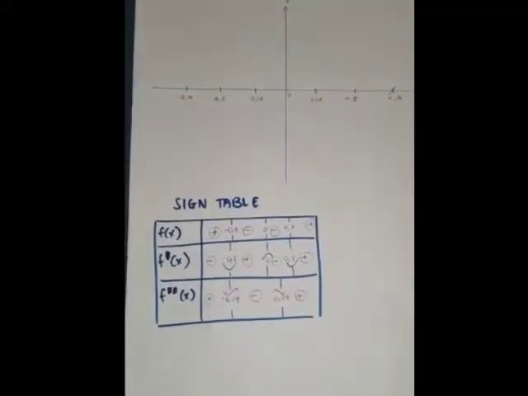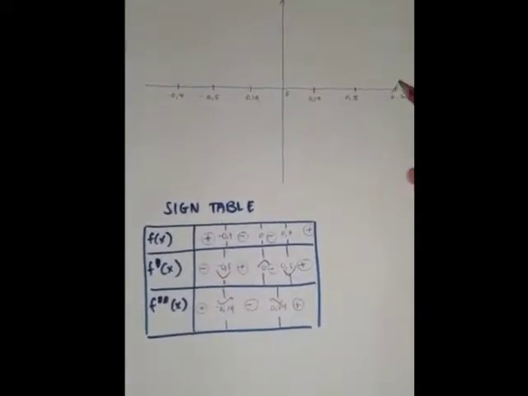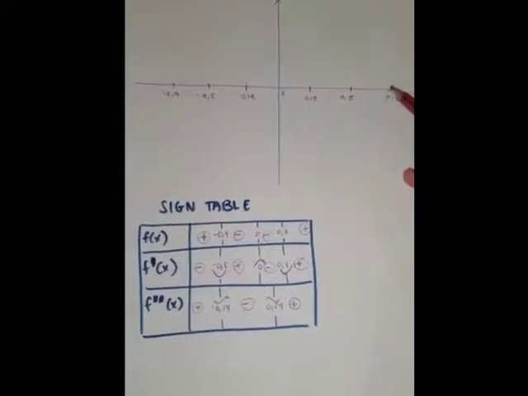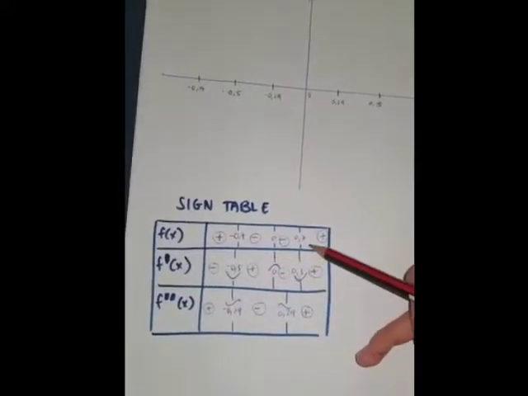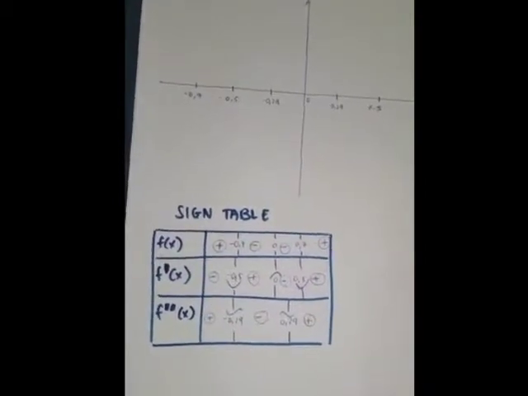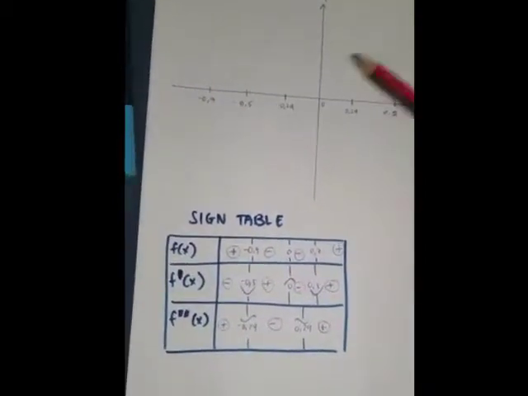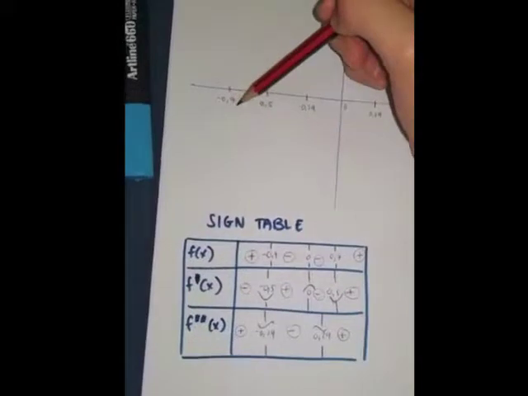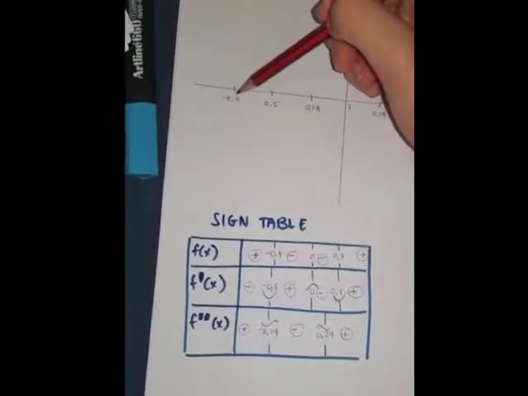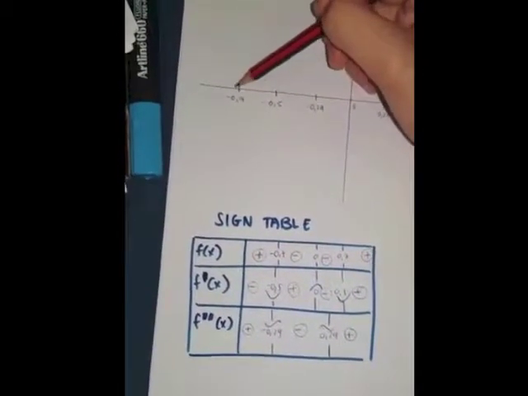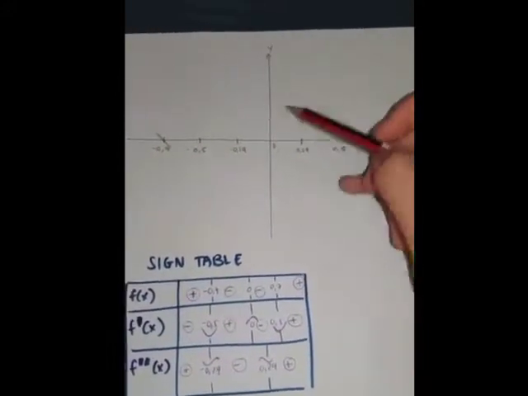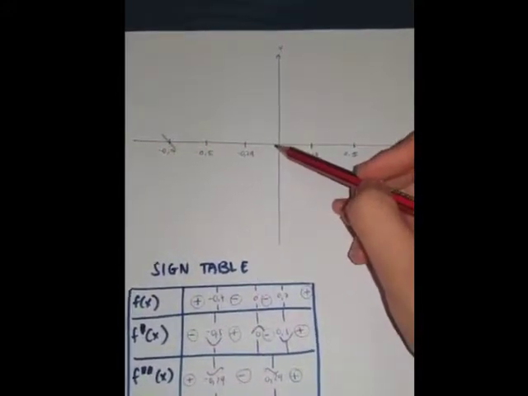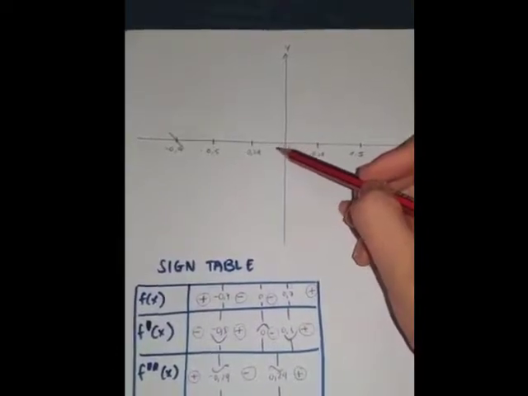As you can see here, I've just put down where the intercept is on the one side, which is 0.7, where it changes from negative to positive. And I'm just going to do the same thing on the other side. On the negative side, it's changing from positive to negative. At 0, x is naught but the graph isn't crossing it, so it's most probably going to look something like this.